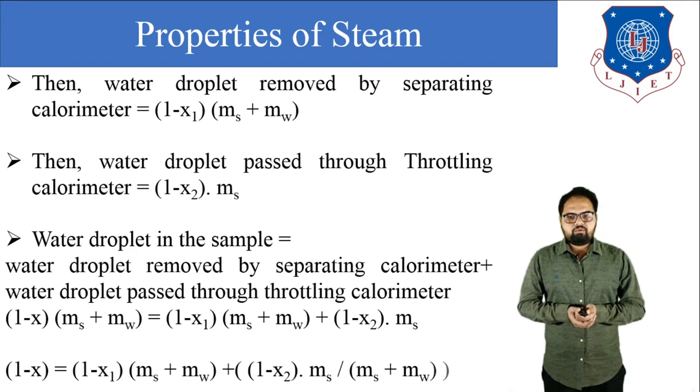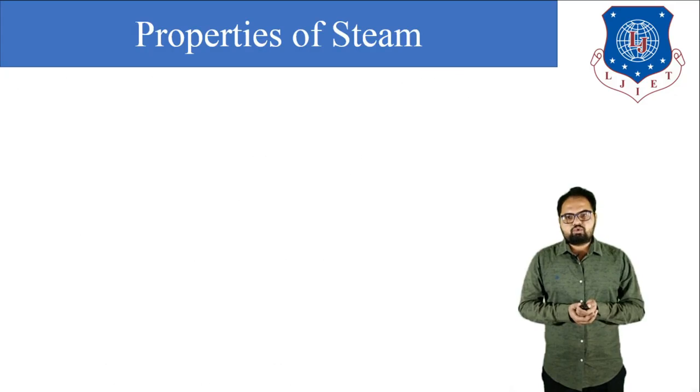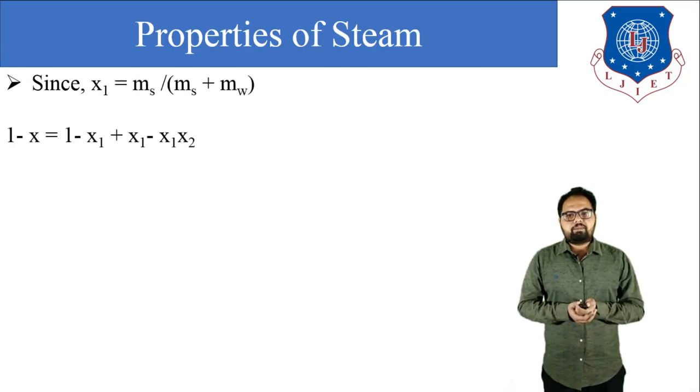Ms. Okay. Now you can see that in (1 minus x)(Ms plus Mw), the term Ms plus Mw will be common, so the final equation is 1 minus x is equal to (1 minus x1) plus (1 minus x2) into Ms divided by (Ms plus Mw), and we know that x1 is equal to Ms divided by (Ms plus Mw).